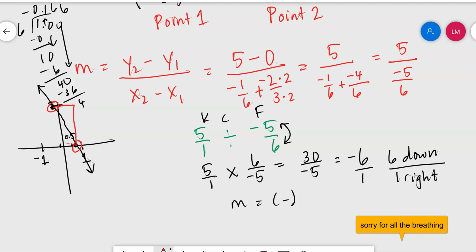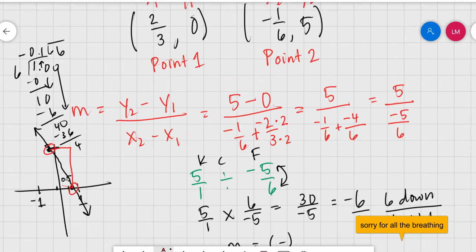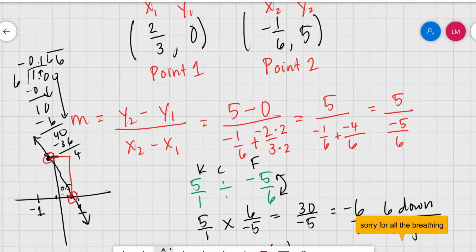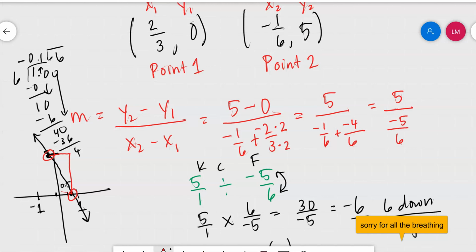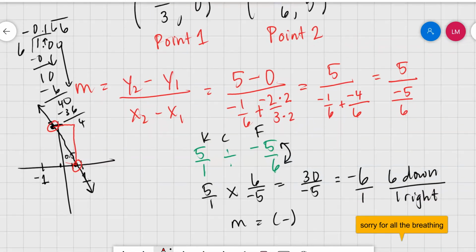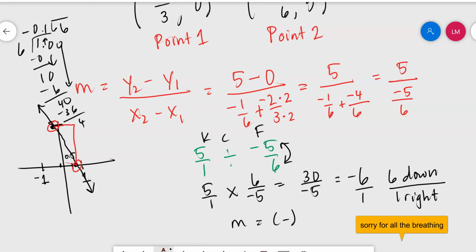And that should make sense because what were our y-coordinates? Our y-coordinates were 5 and 0. So it should be that this is 5 going down. Yeah, 5 is the difference between here and there.